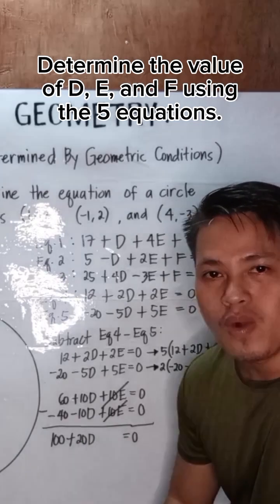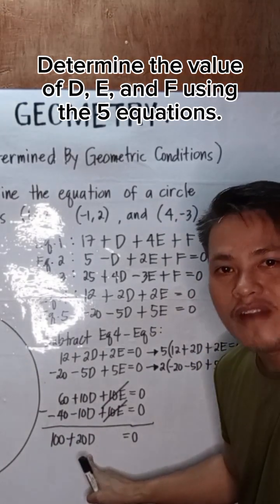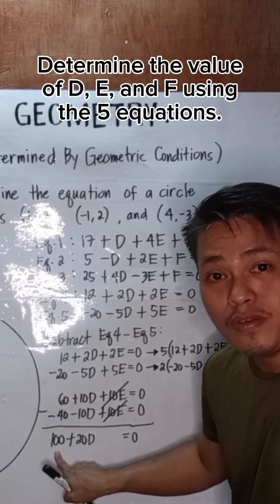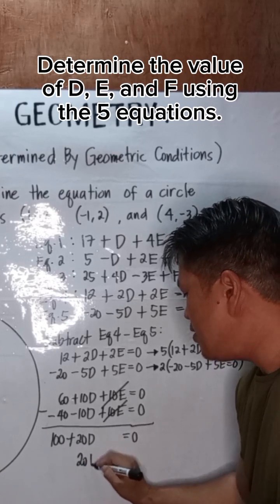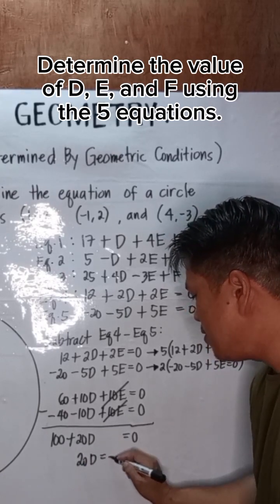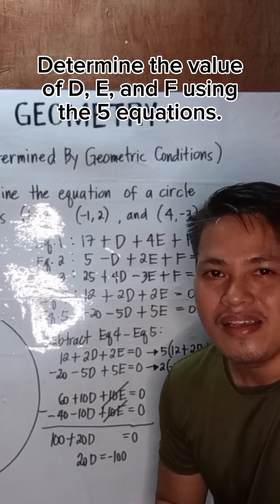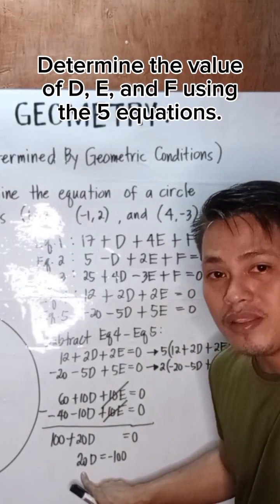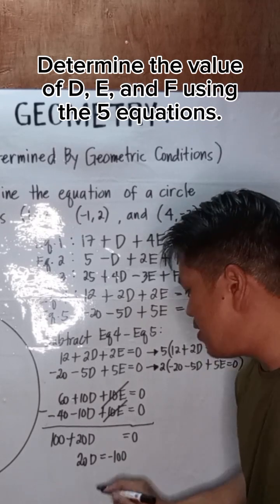Pwede na nating makuha yung value ng d kasi siya na lang yung variable. Ang gagawin natin ay itatranspose natin yung 100 sa kabila. We have 20d is equal to negative 100. And then, ang kailangan lang natin ay value ng d. Pero ito ay may 20. Ibig sabihin, divide both sides by 20.